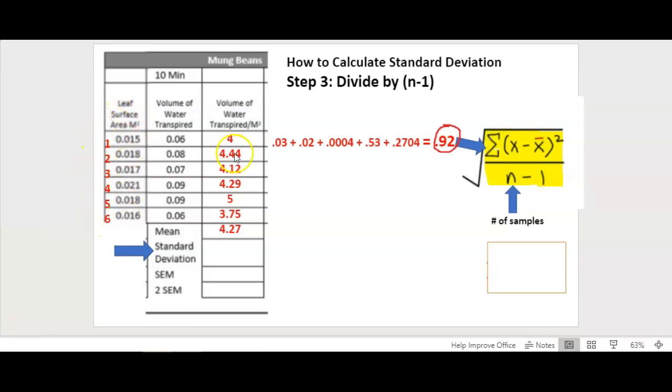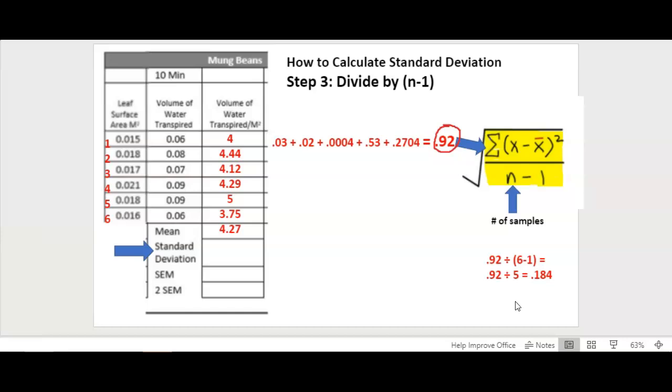So when I show you the answer, I'm going to have the 0.92 that I calculated divided by 6 minus 1. Now 6 minus 1 is 5, so all I have to do is 0.92 divided by 5 equals 0.184.